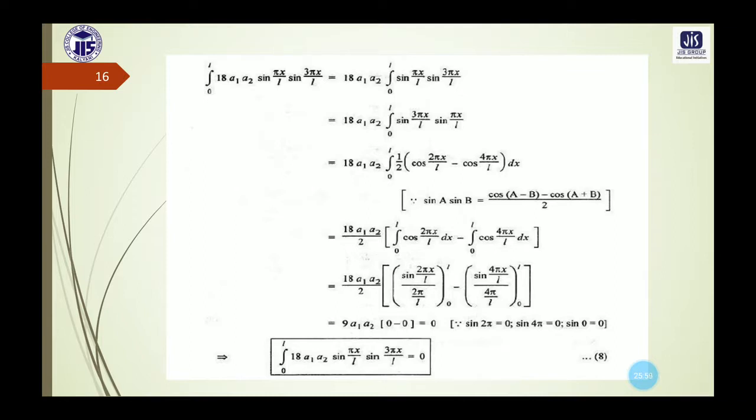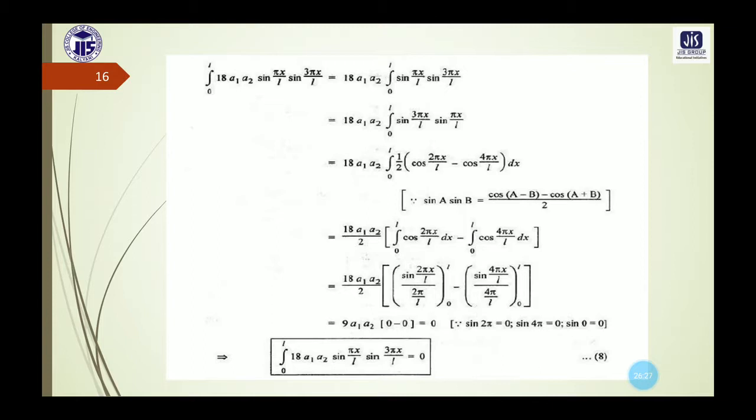So next we need to do the integration for the third part, that was actually the 2ab part of this a plus b whole square. So this is the integration 0 to L of 18 a1 a2 sine pi x by L and sine 3 pi x by L. Here also we can do the integration, which is shown here in several steps.